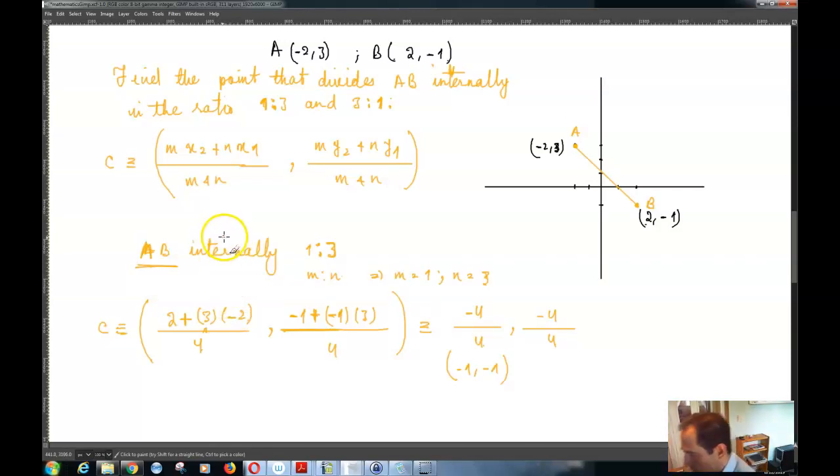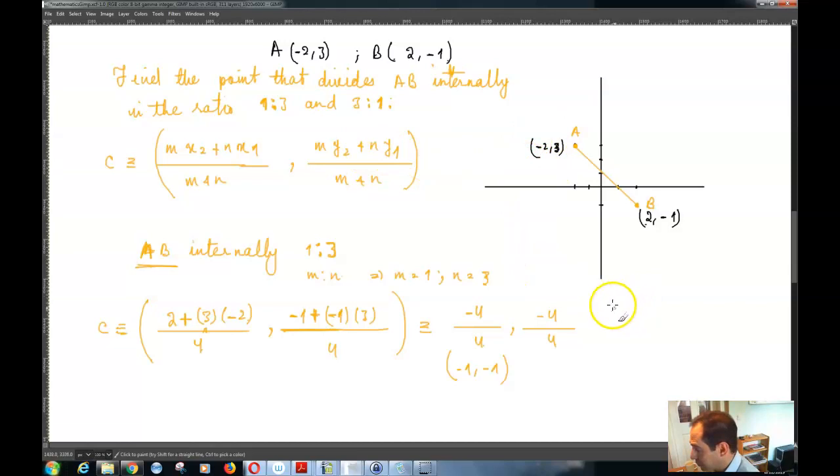I think I made a mistake over here. So we have m x2 plus n x1 over m plus n, and m y2 plus n y1 over m plus n. Now if your m by n is equal to 1 to 3, then m is equal to 1, n is equal to 3.